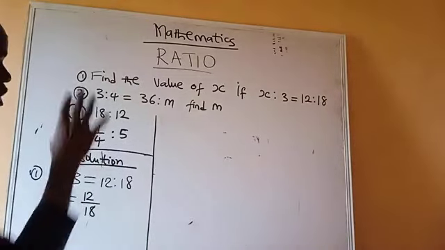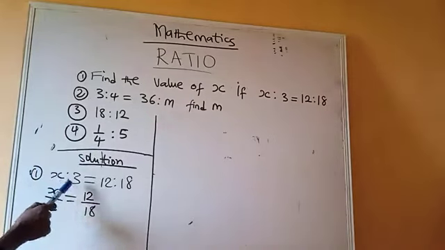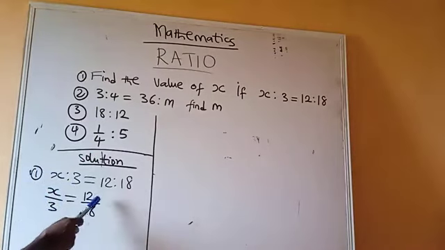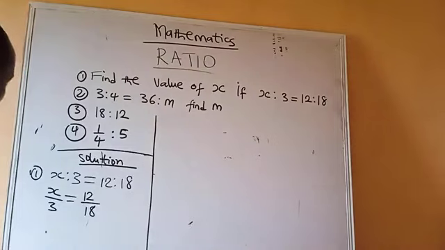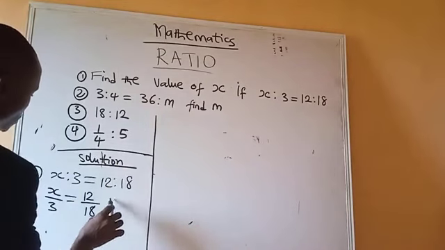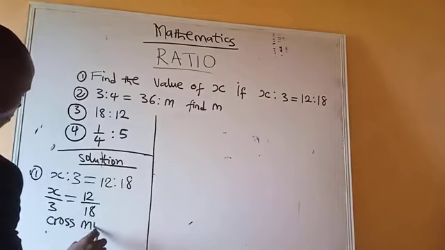In ratio, it means division. So when you say x is to 3, it means x over 3 equal to 12 over 18. Do you get? Now, what we do here, you do what? Cross multiply.